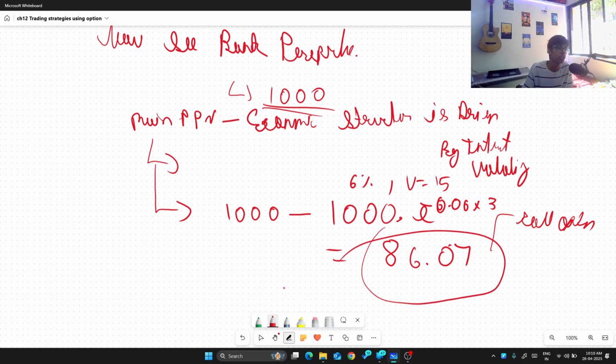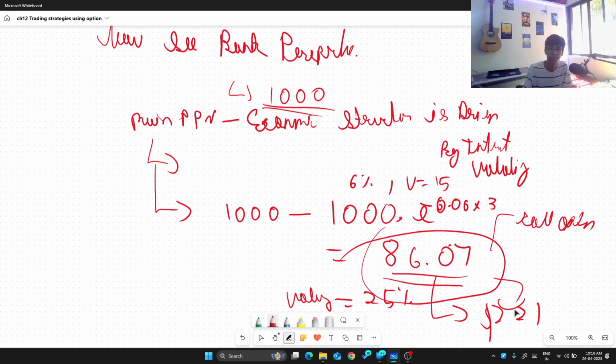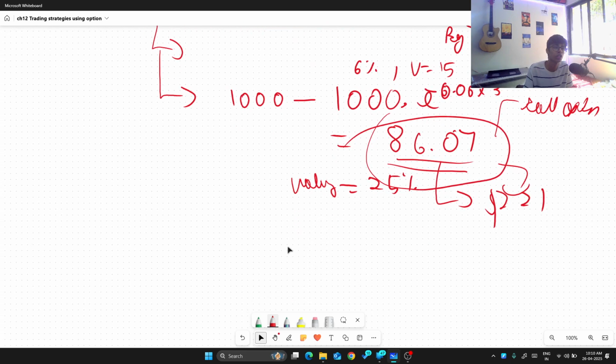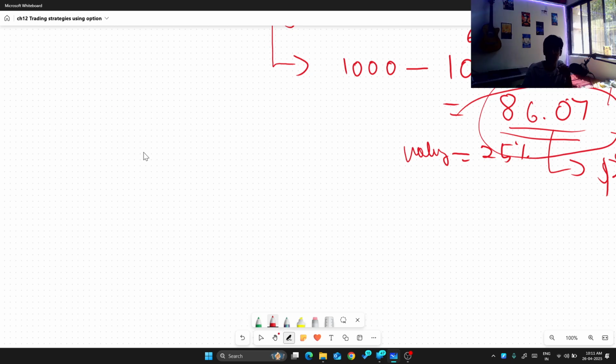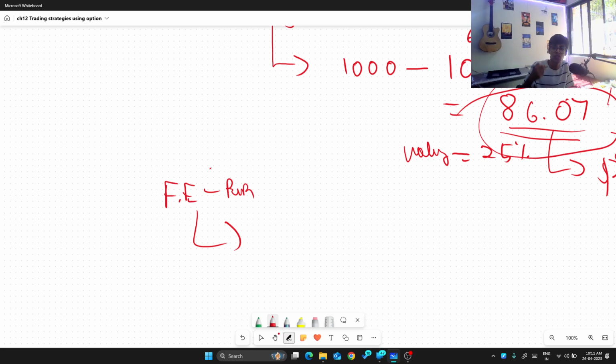But if volatility has increased to 25% now, the option price would be around 221. So we don't have enough funds to buy an option costing 221. That is a financial engineering job for a bank, and there are many ways for a bank to increase the gap or to make a profit.